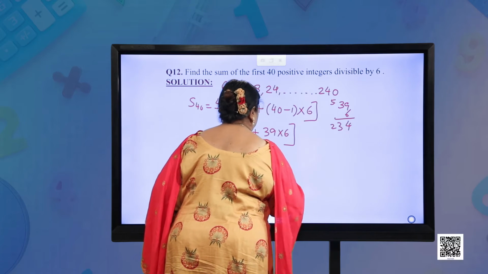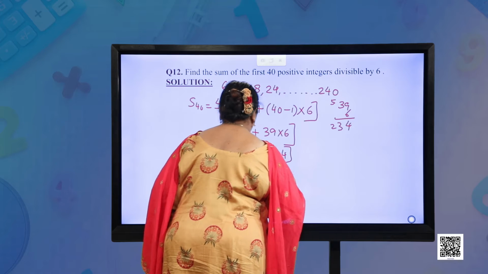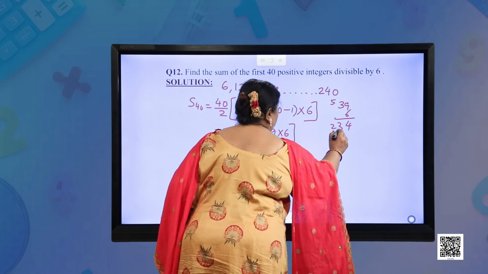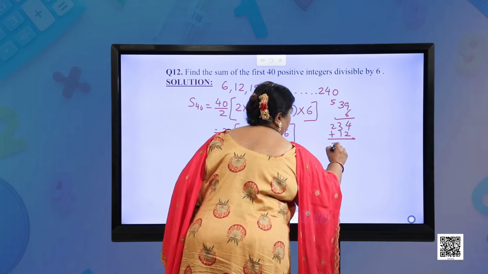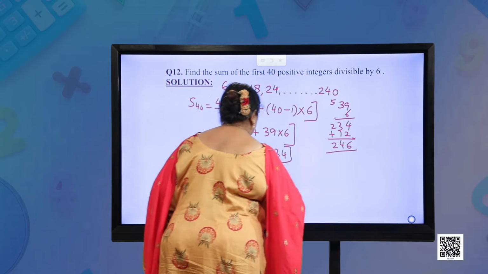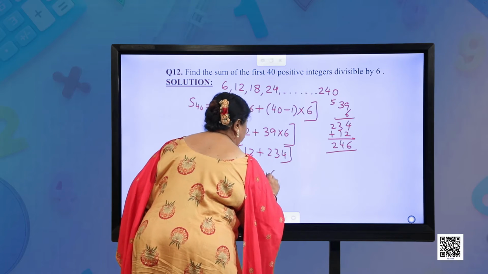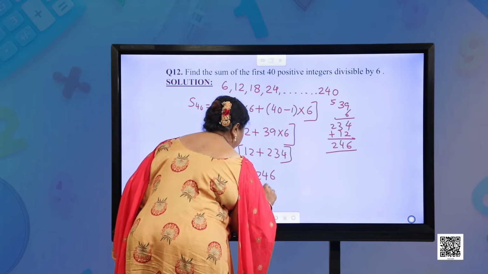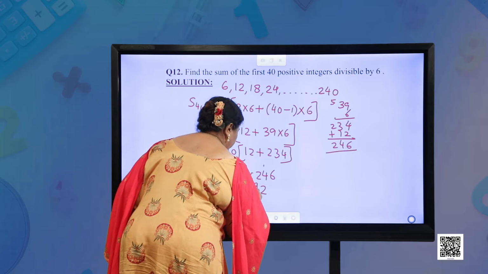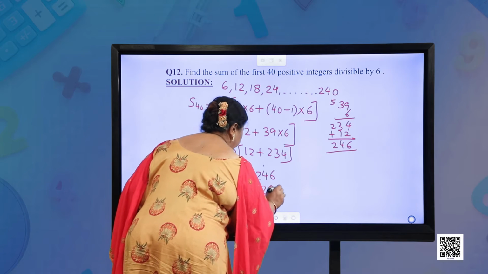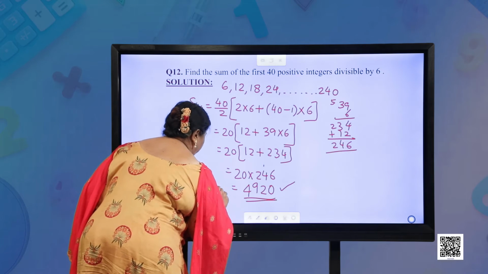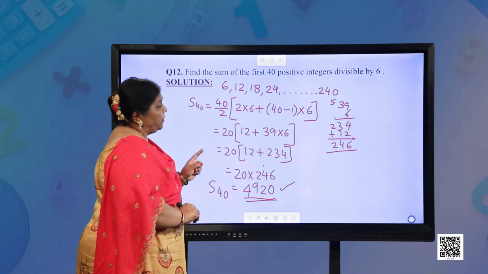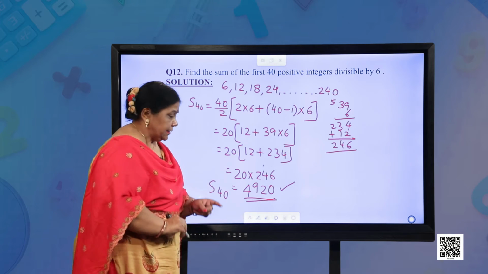Yes, 234. We get 20 into 246. So, if I multiply 246 by 20, I get 4920 as the sum of the first 40 positive integers divisible by 6.